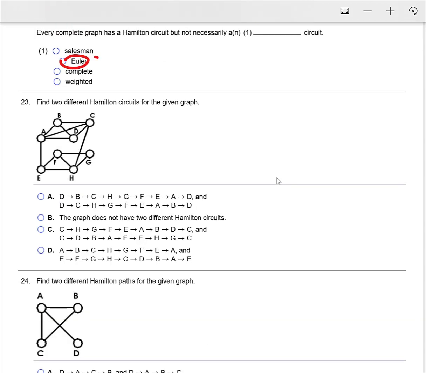For instance, here in C, they're showing a connection from A to F, which doesn't exist, so you can't use that one. And remember, we're doing circuits here, so we have to start and stop at the same vertex. I'll let you verify that D is not correct, but the correct answer is A.